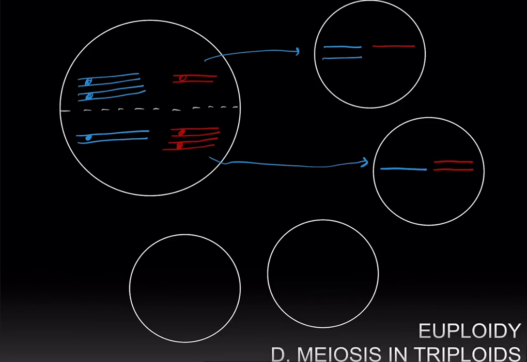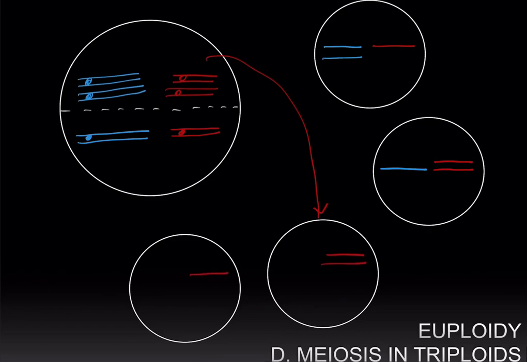Of course, since these chromosomes assort independently and randomly, another possibility of the assortment is having the two reds and the two blues on the same side, and in that situation we will get gametes with two reds and two blues.